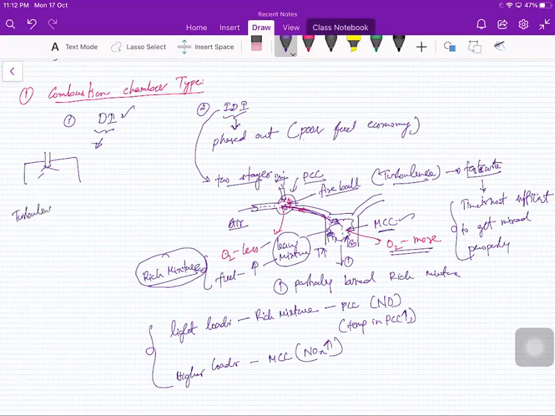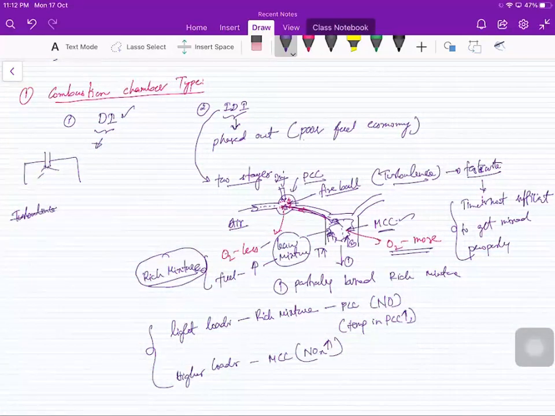So when you don't have turbulence, you have much time to mix the oxygen and the fuel well. Okay. So the combustion happens mostly at higher peak pressures and temperatures compared to the indirect injection engines.